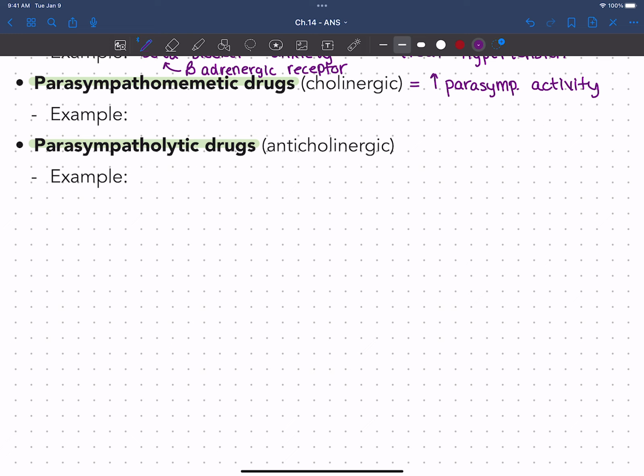All right, so one pretty simple example of this would be nicotine. Not necessarily used in a medical scenario, but nicotine in tobacco would have a parasympathomimetic effect.